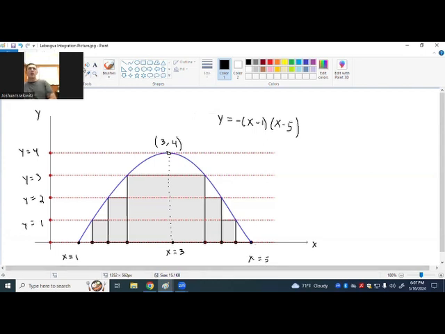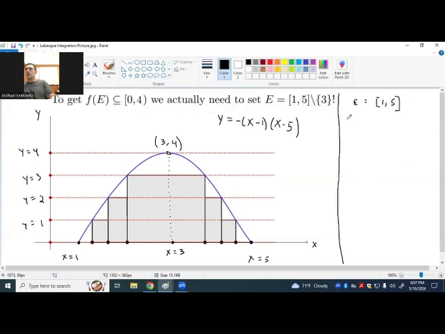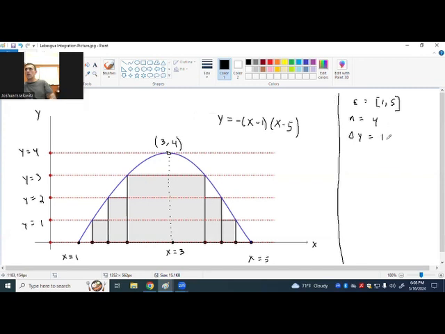So in particular here, E is going to be, let's say, E is 1 to 5, and let's say N is 4. So delta y is just, of course, 5 minus 1 over 4, which is 1.